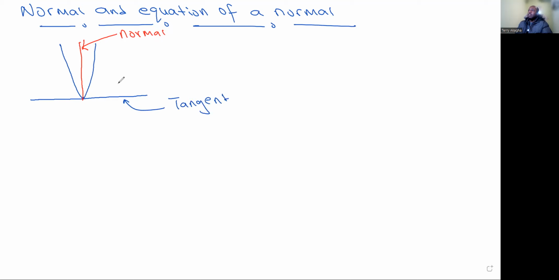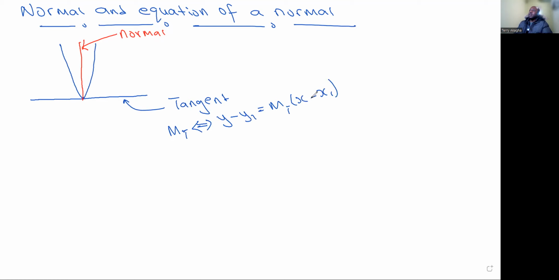So this is the line of the tangent, and this is the line of the normal. In the previous video, I explained how to get the tangent, where the slope of the tangent is called mt, and the equation of a tangent is y minus y1 is equal to mt times x minus x1.